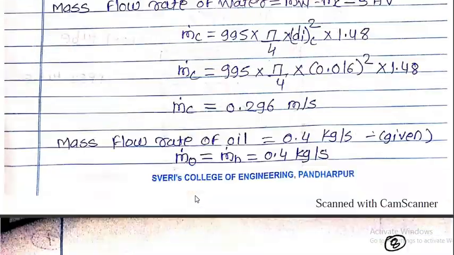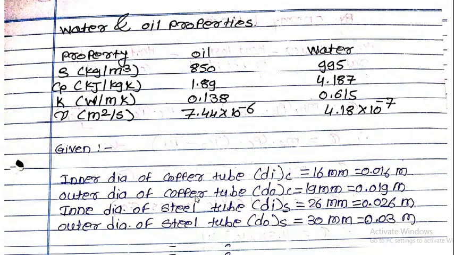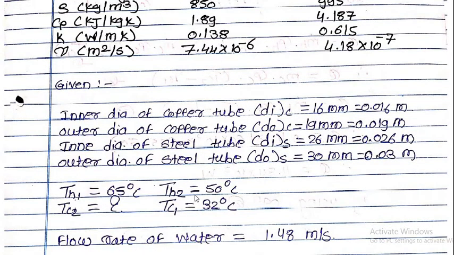Then given data, we can write the given data on the basis of the problem statement. So inner diameter of copper tube should be considered as di suffix c, c for copper, di suffix c equal to 16 mm equal to 0.016 meter. Then outer diameter of copper tube d naught c is equal to 19 mm is equal to 0.019 meter.